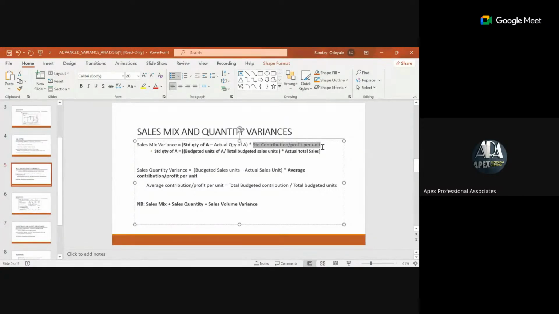The quantity variance is one of the most straightforward ones you can get. It's just your total budgeted sales. So if you plan to sell 20 of material A, 15 of material B, 10 of material C, in total you plan to sell 45 units.